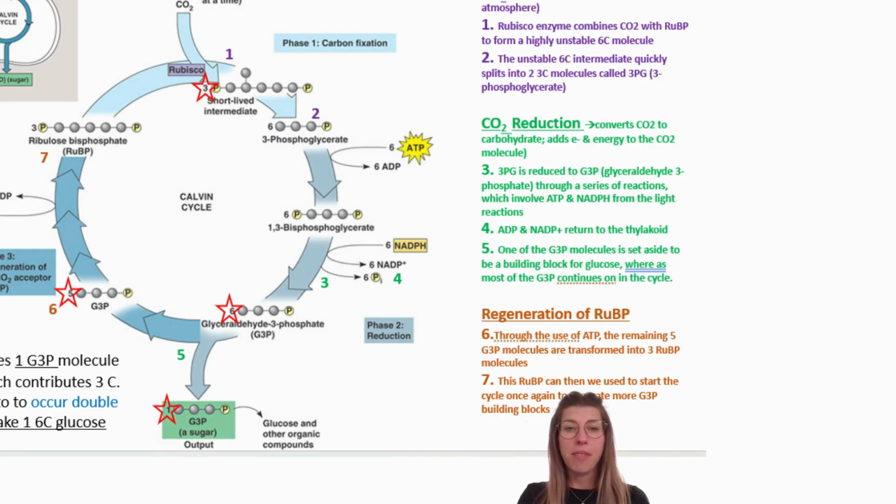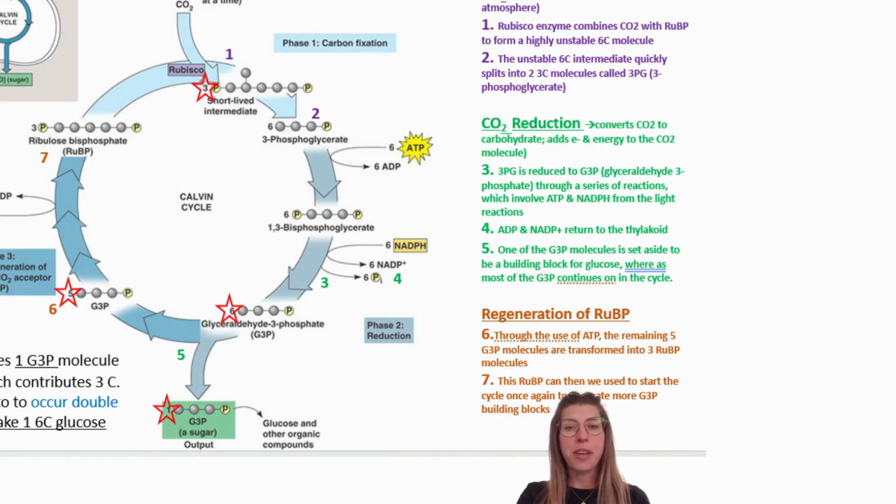So if we add up that 6 ATP just after stage 2, we see 6 ATP coming in. This is the CO2 reduction phase. We also have 3 ATP required for the regeneration of RuBP after step 6.